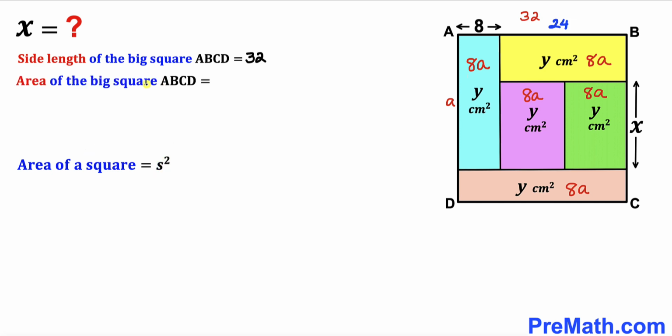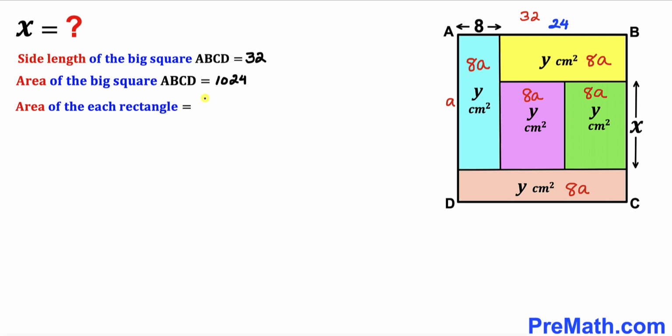So therefore the area of this big square ABCD is going to be 32 squared, and the square of 32 is 1024. And we know there are 5 of these rectangles inside this big square ABCD. So therefore we conclude the area of each of these rectangles is going to be this whole area divided by 5. So let me write down 1024 divided by 5.